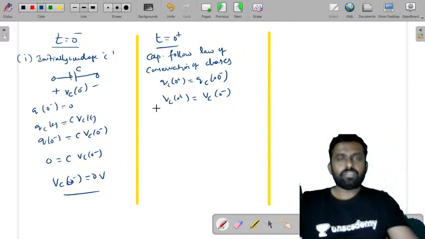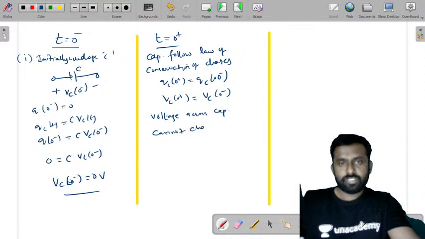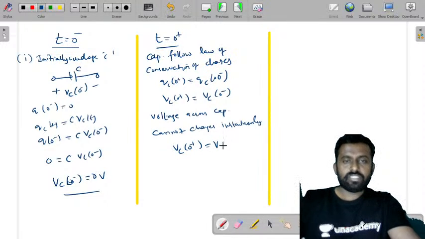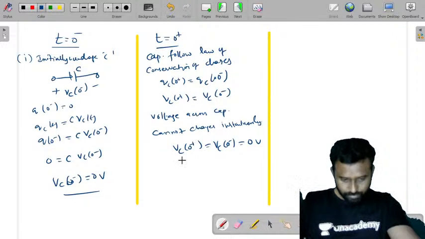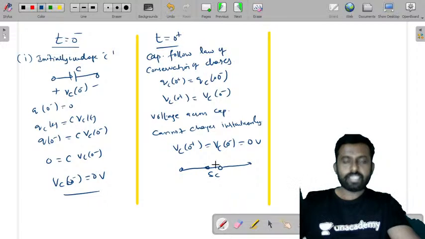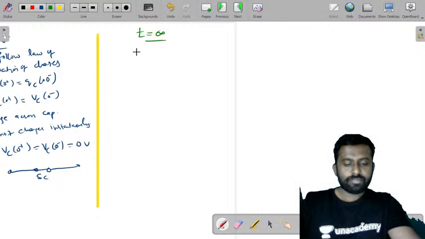The voltage across a capacitor cannot change instantaneously, so VC of 0 minus and VC of 0 plus is equal to 0 volts. That means it will behave as a short circuit at t equal to 0 plus. Now consider t equal to infinity.